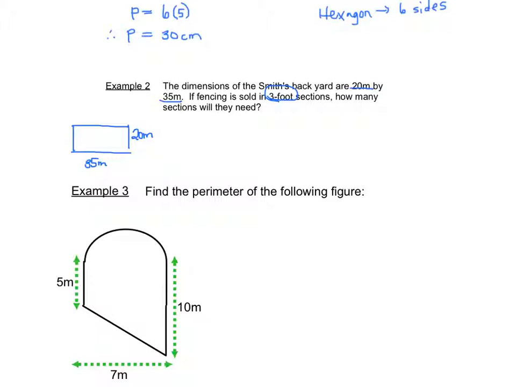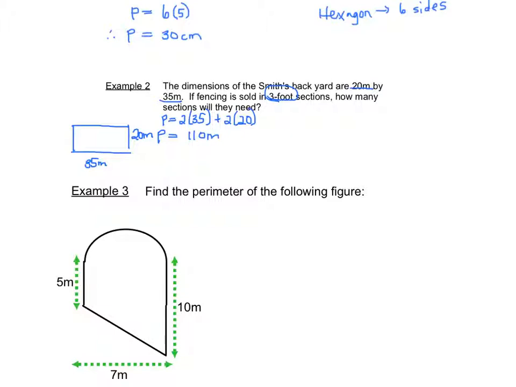So the perimeter of this backyard would be 2 times 35 plus 2 times 20, 2 lengths and 2 widths. So in meters, the perimeter of this backyard is 110 meters.